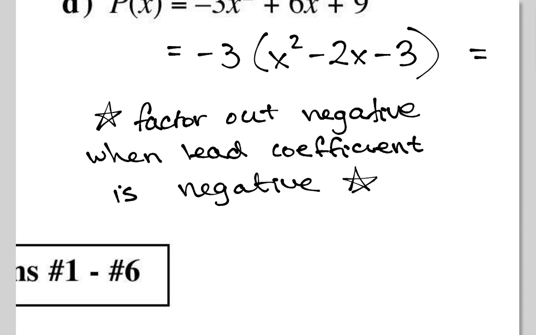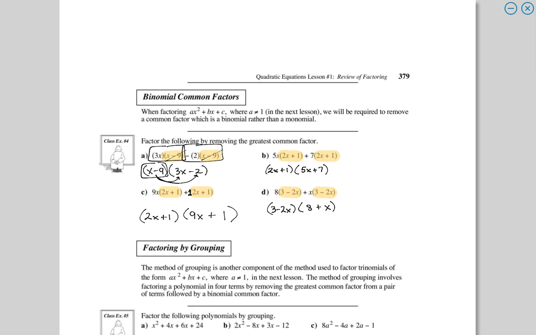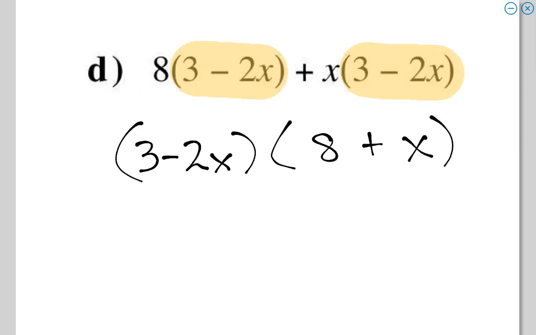Factor out a negative when the lead coefficient is negative. Look at this lead coefficient. So this one would actually be better served if you took out a negative. That becomes negative 3 and plus 2x.